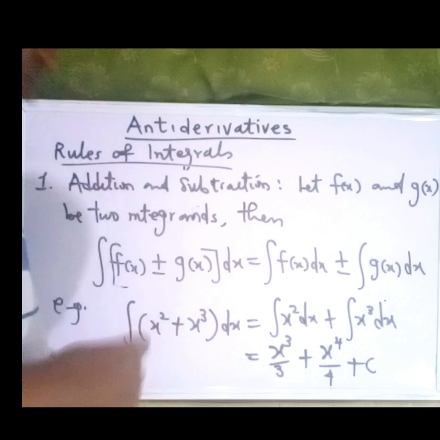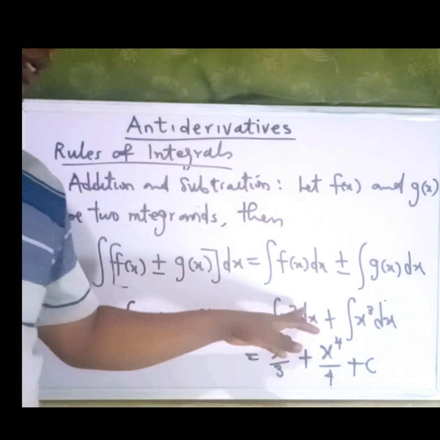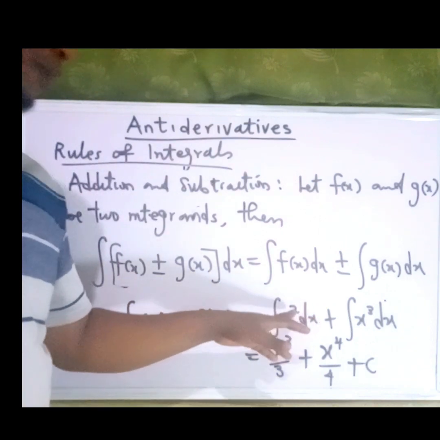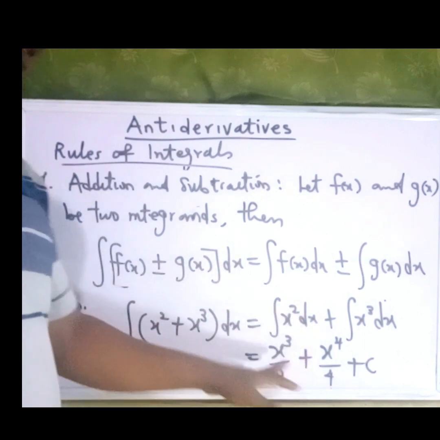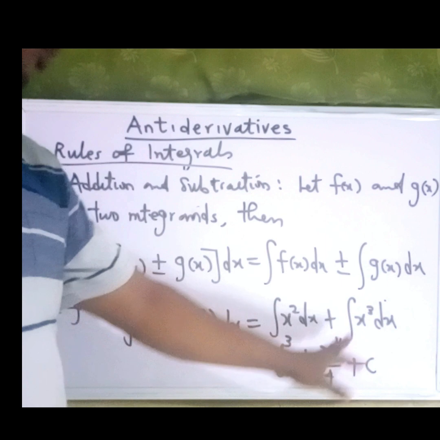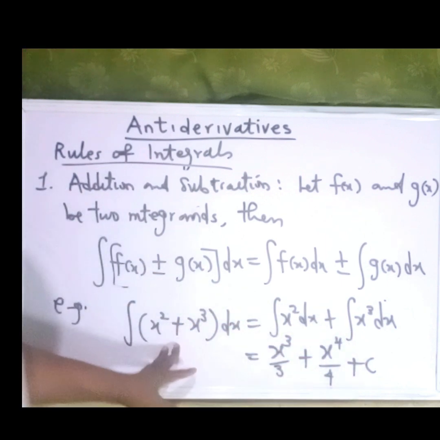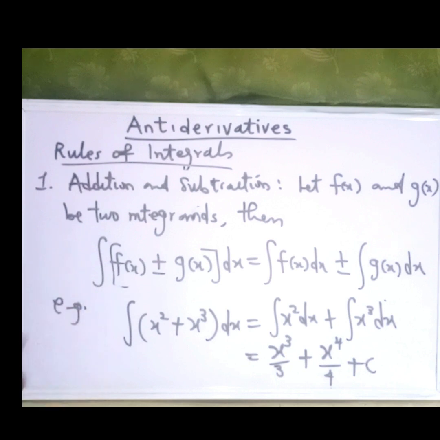You see that the power will be adding 1 to the power, and the power is the denominator for polynomial. And as such, this will be the integral of this integrand. So that is it on the addition and subtraction rule under integration.